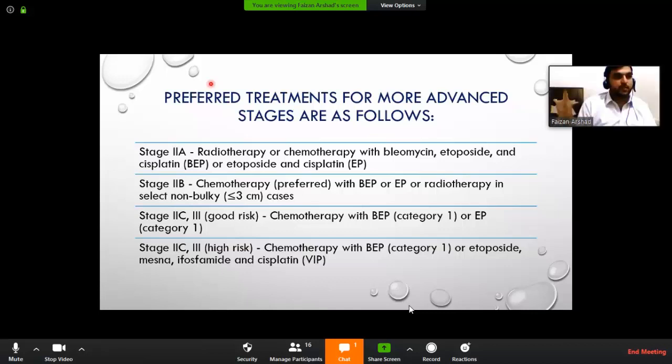The stage 3, good risk chemotherapy with BEP, category 1, or EP. And stage 2C and 3, which are high risk, chemotherapy with BEP or etoposide, mesna, ifosfamide, and cisplatin, which is called the VIP treatment.